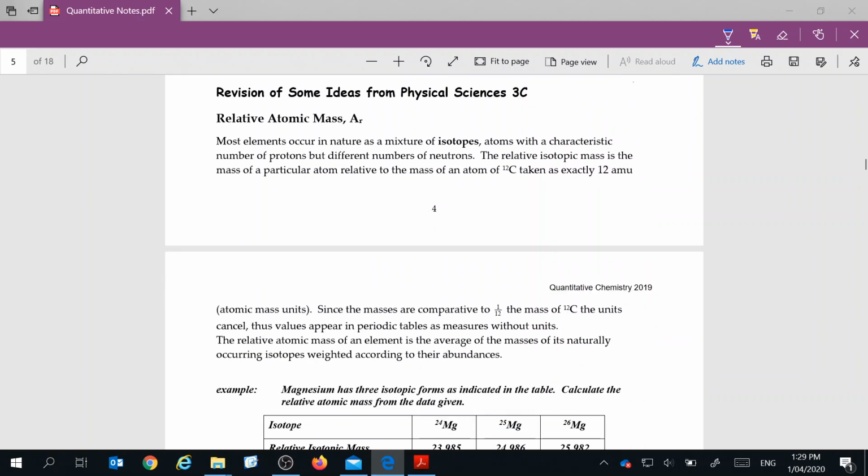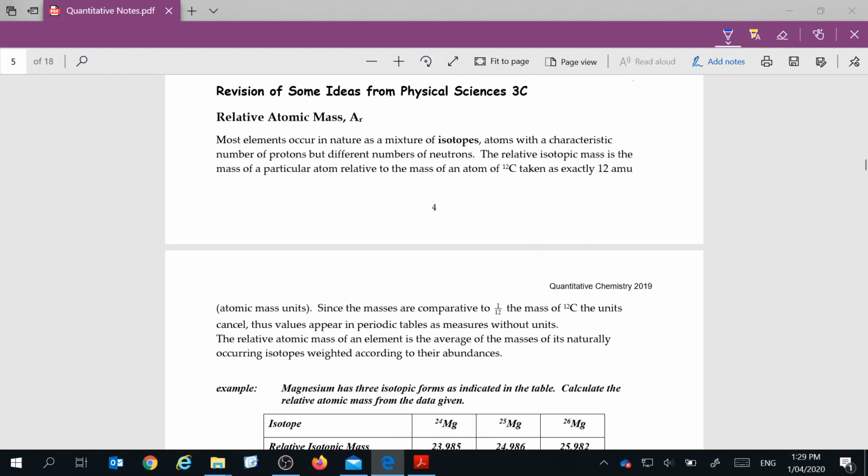Alright, so some revision of stuff from phys sci. So we're looking really just at the molar mass here. If we're giving the molar mass of just one element, we call that the relative atomic mass, which is Ar. The R here stands for relative. Because it's relative, we don't need to give units, okay?